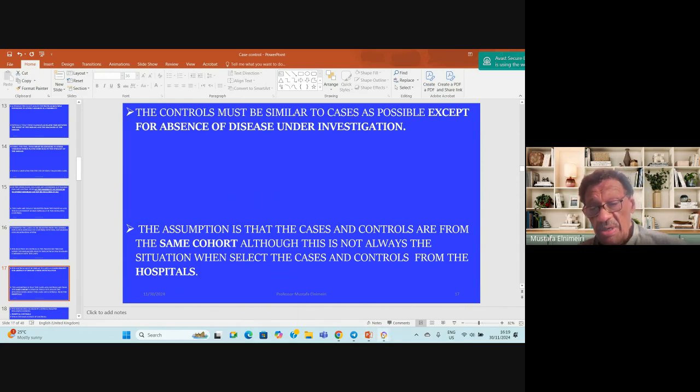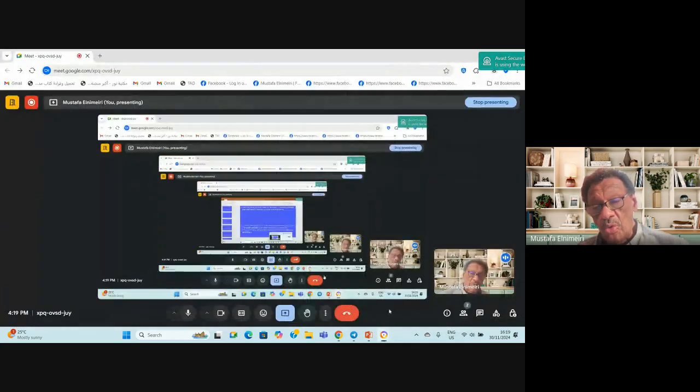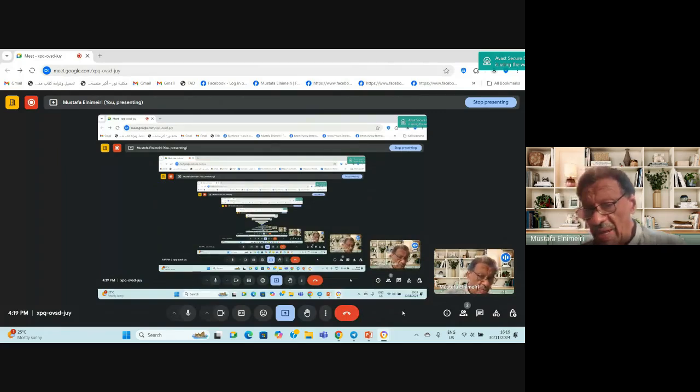Our assumption might not be true when we assume that both the cases and the controls arise from the same cohort, where some of them develop the disease and others do not. But it's not always the case, as we usually select the cases and the controls from hospitals.